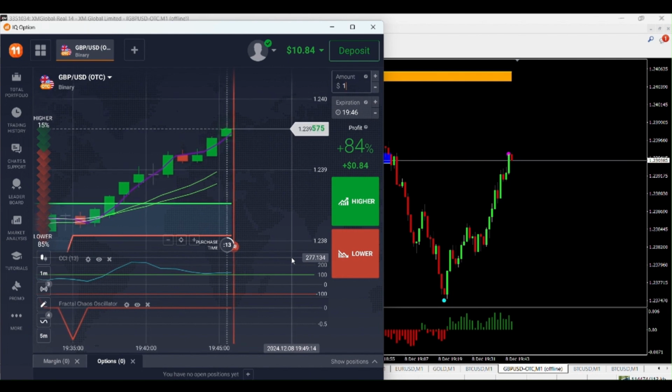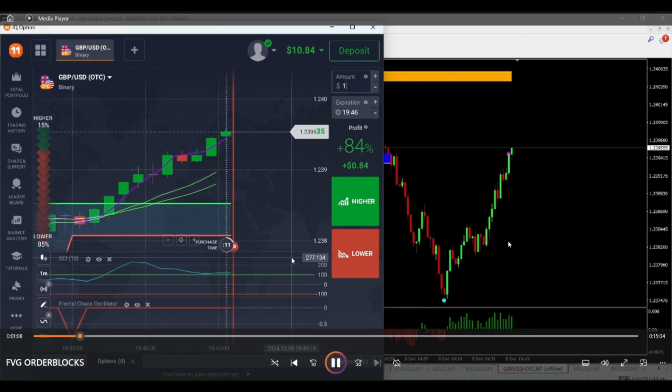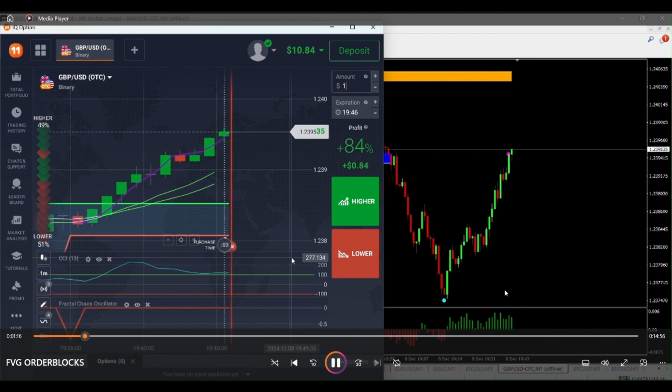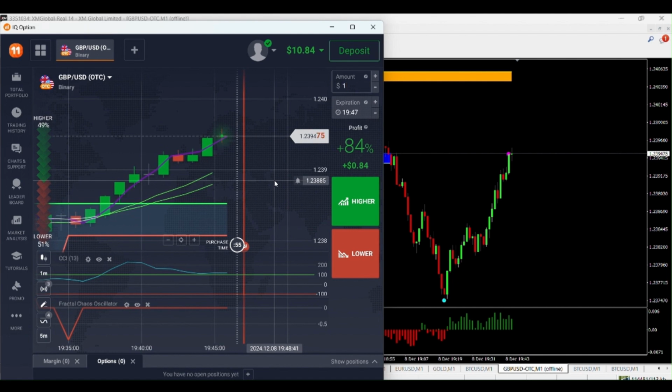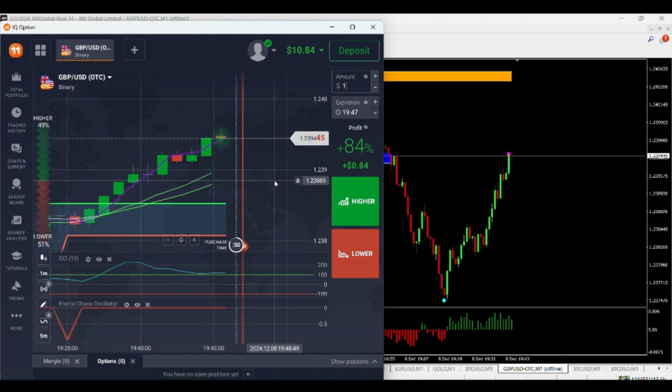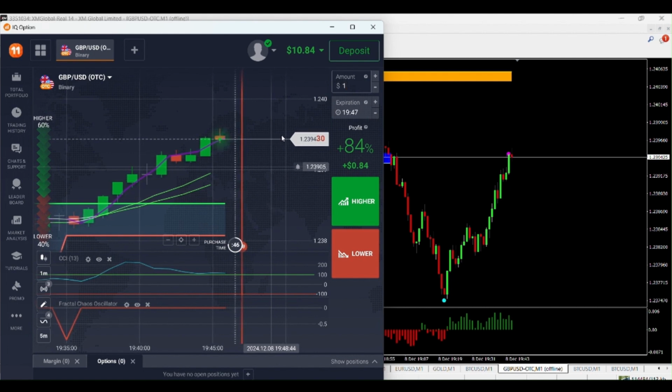Oh, I think I did not take this trade because I am seeing at the bottom indicator here that there's still a lot of buying pressure, and so this is another signal, I guess.